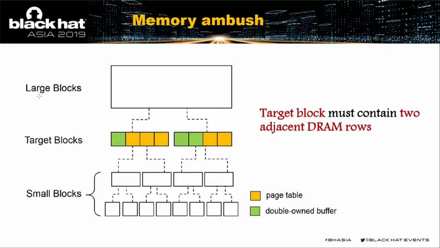We call the block that should be shared by the 2 objects the target block, and the target block should contain the size of 2 adjacent rows. Any block that has a larger size, we call a large block, and any block that has a smaller size, we call a small block.